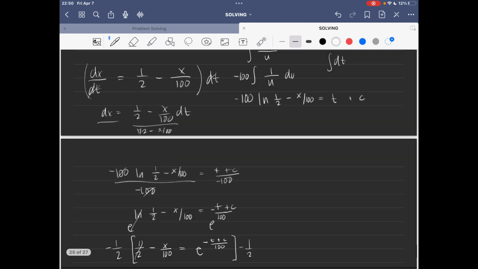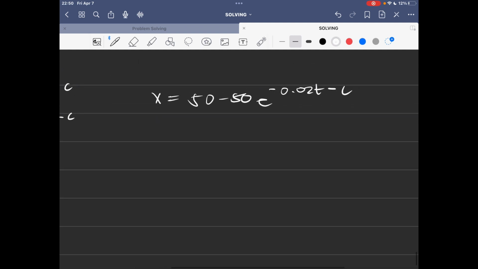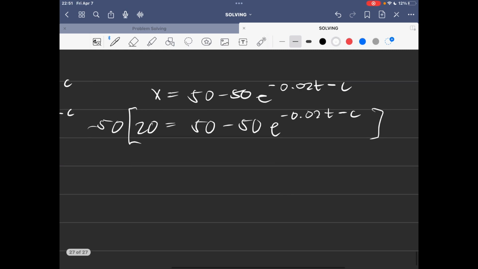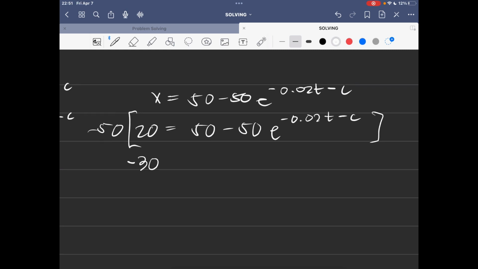So our x is 20 pounds. So we substitute 20. We'll get 20 is equal to 50 minus 50 e raised to negative 0.02 t minus c. Then we can subtract both sides by 50. So we'll get negative 30 is equal to negative 50 e raised to negative 0.02 t minus c.